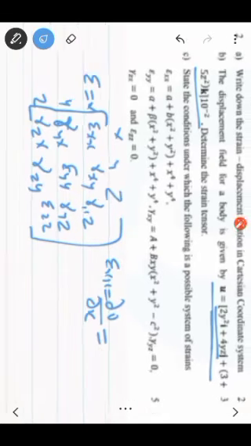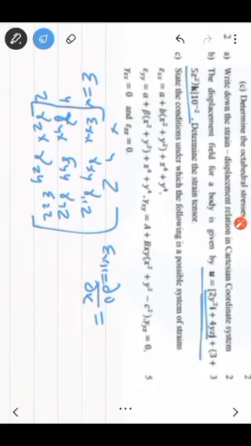So what is epsilon xx? Epsilon xx is dou u by dou x. What is u here? This is the first one. So 2y square plus 4yz. You don't have any value with respect to x. Yes, zoom it out.